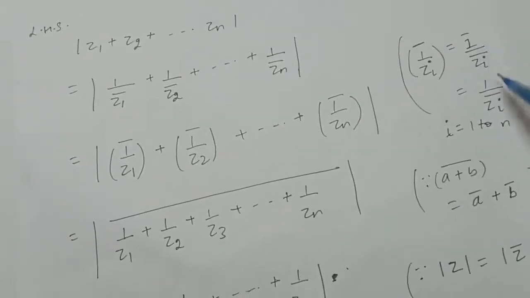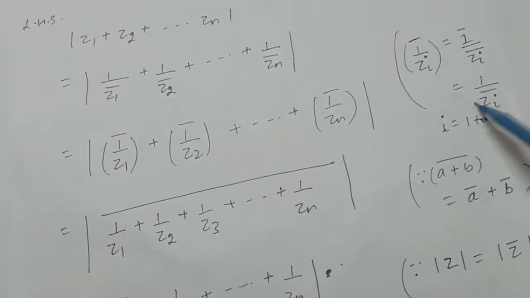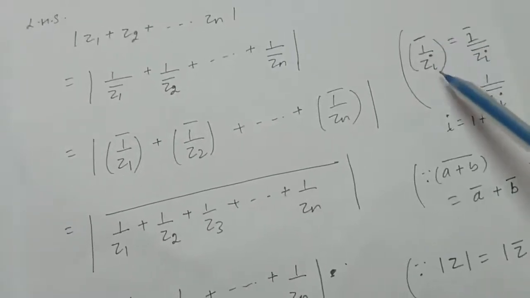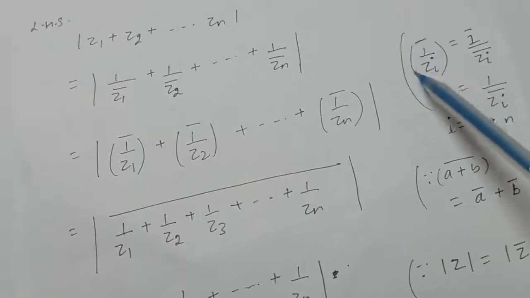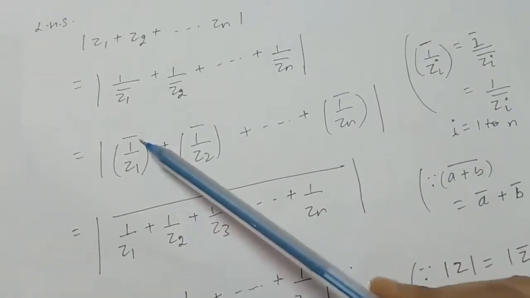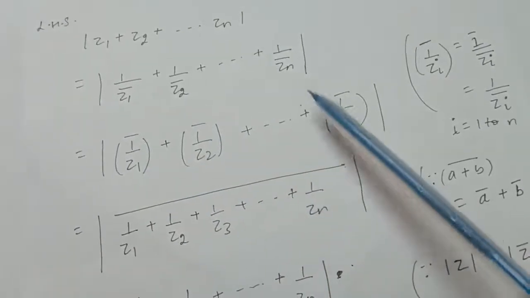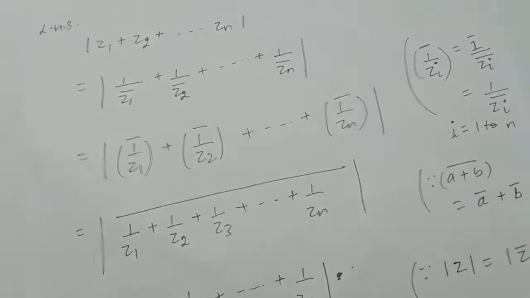Now 1 conjugate you know is 1. That is, we can write this as 1 upon zi whole conjugate, right? So in place of this, I am writing 1 upon z1 whole conjugate plus in place of this 1 upon z2 whole conjugate. Similarly for this, right?